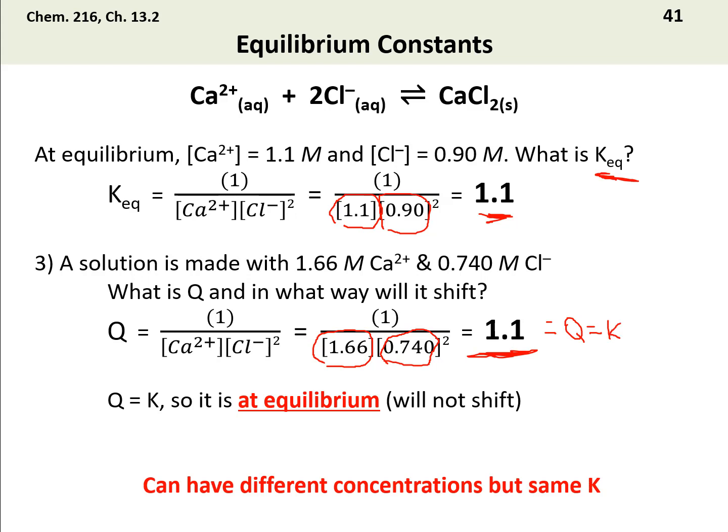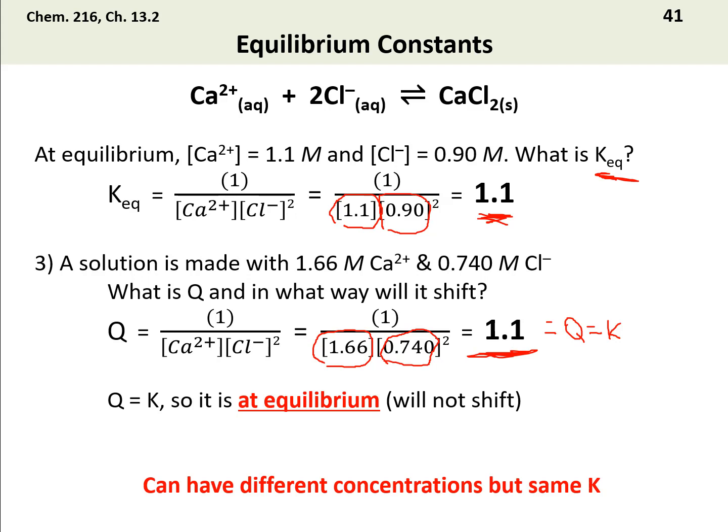What does this mean? I can get this value, 1.1, based on different concentrations, right? So I can have different concentrations, but the same K. In the same way that if I'm comparing two people's wealth, I have $1,000, Donald Trump has $1 billion. He has $1 million for every $1 I have.